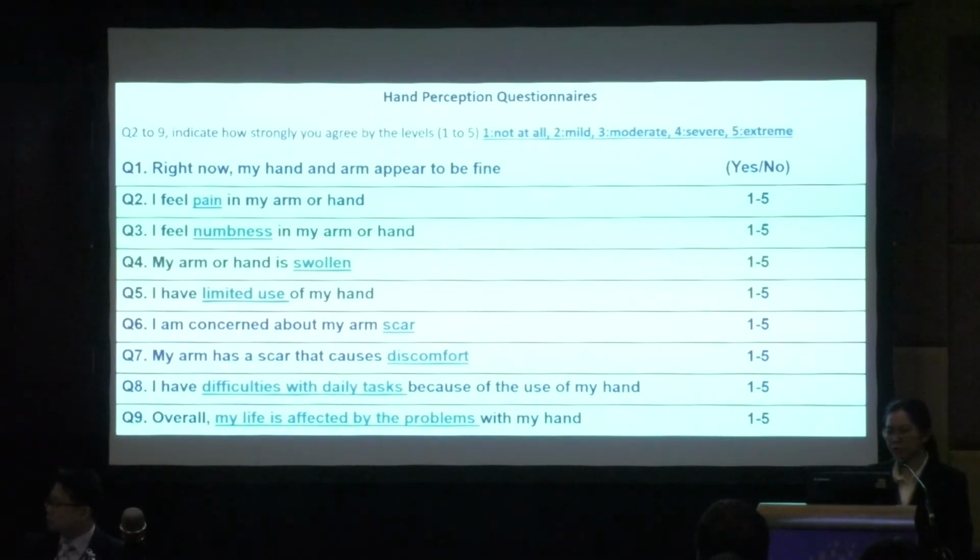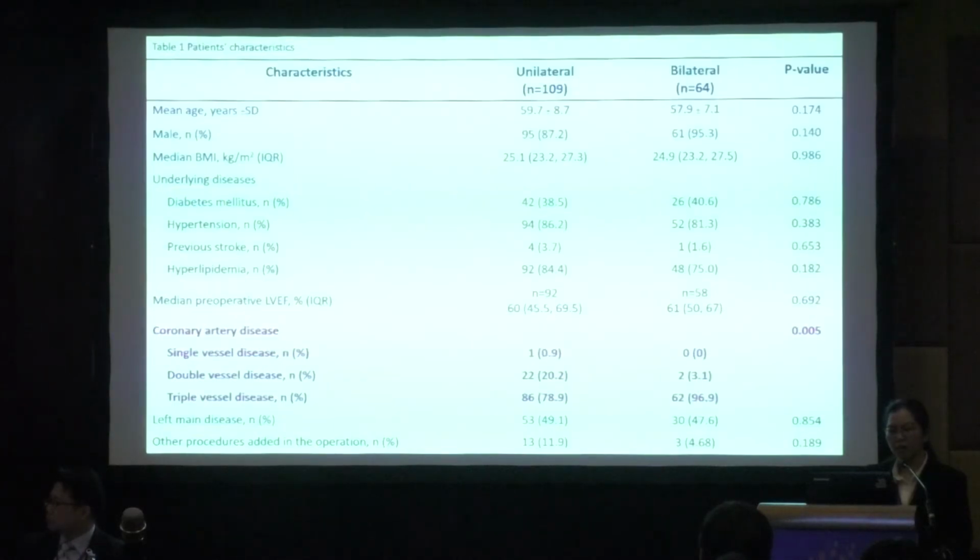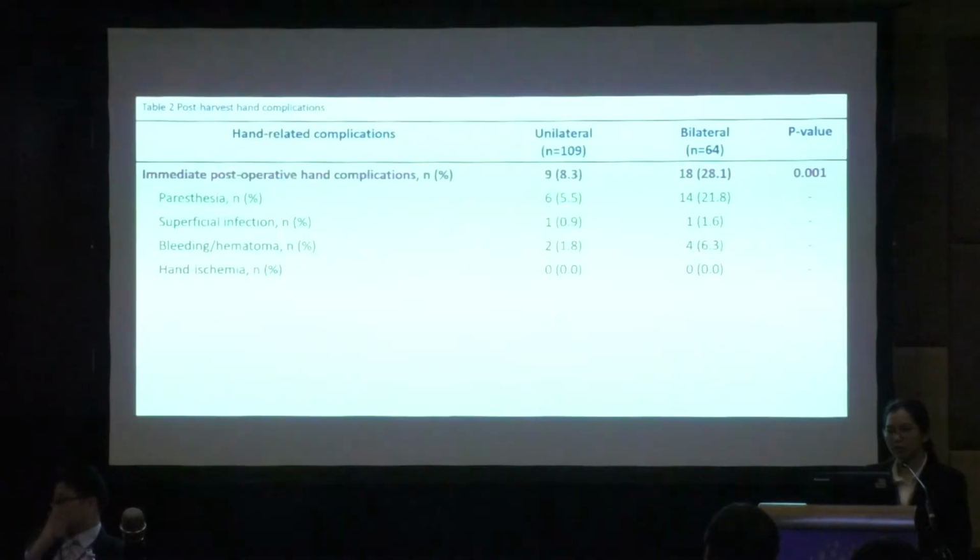The minimum sum score is 8, and a lower score determines a better outcome. This table shows characteristics of patients included in the study, which show no significance in any data, except that patients with triple vessel disease in the unilateral group are significantly more than in the bilateral group.